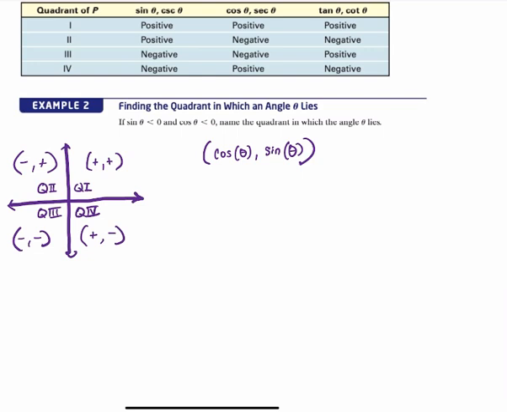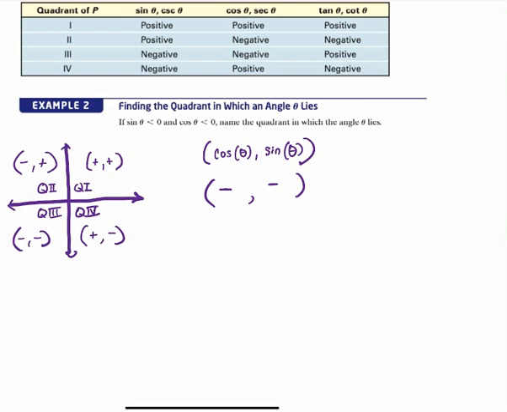So it's saying the sine is negative, so we have some negative as the y, and the cosine is, oh no, I'm sorry, the cosine is also negative. That's what they're saying. They're both negative. Sine is less than 0, so it's negative, and cosine is less than 0, so also negative. So the quadrant where I'm going negative in the x direction and negative in the y direction is the third quadrant.